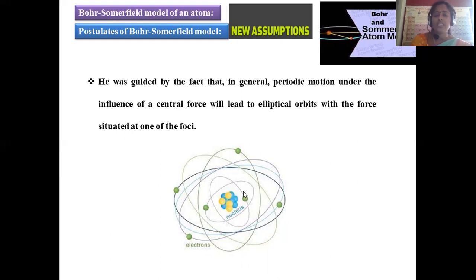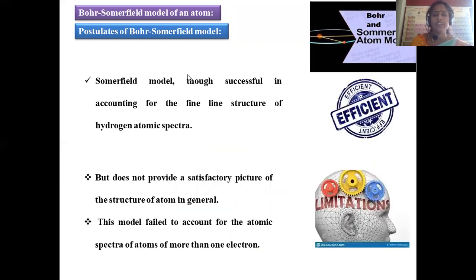The reason assumed by the Bohr-Sommerfeld model is that, because of the central force, the nucleus exerts forces of attraction. In a particular direction the attraction will be more, so the orbit is compressed in that region, and in another region that extent of attraction may not be present, so it is elongated. Because of the uneven attractive forces exerted by the central force, elliptical orbits are generated in this atomic model. That is the main assumption.